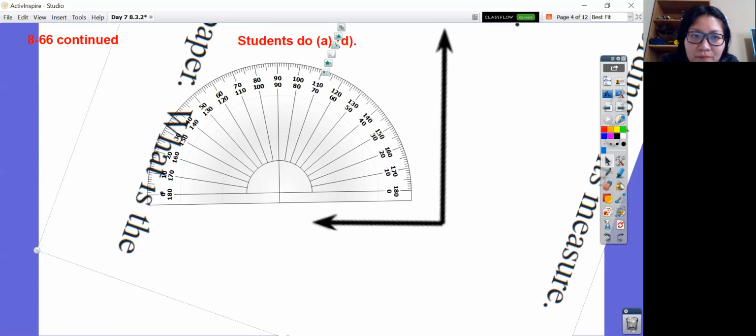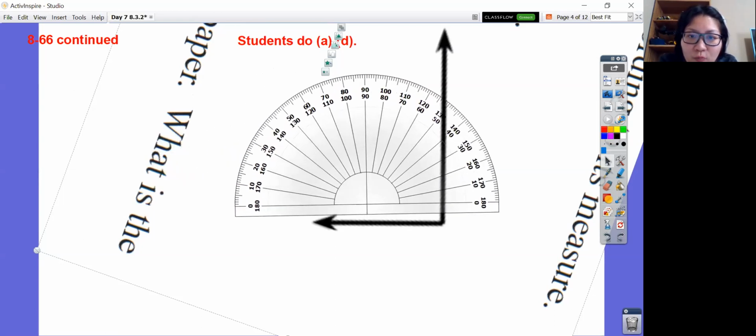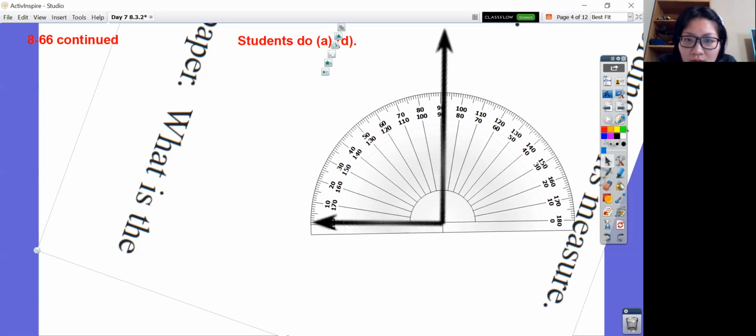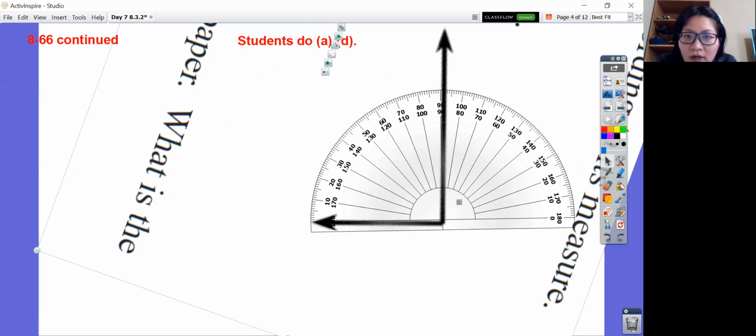You can rotate your textbook however you prefer. I'm going to match one of the rays with 0 degrees, 180 degrees, the straight line of your protractor. The other ray tells you exactly what your angle measurement is.